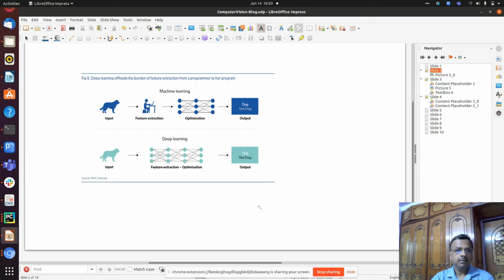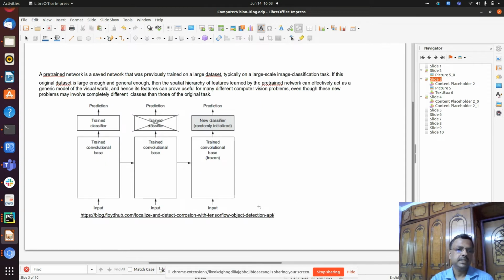And the next important thing about deep learning, which we have been applying, is something called transfer learning. Transfer learning means we use the trained convolutional base of a pre-trained model, let's say VGG16, which is trained already on millions of images from the ImageNet database.